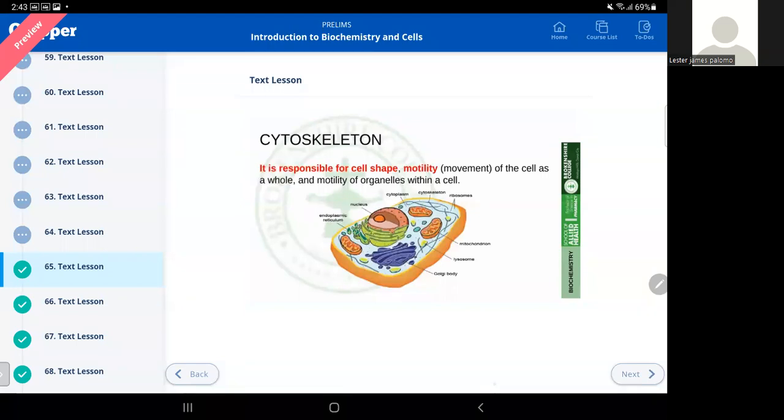The membranous and the non-membranous organelles, and the last 2 medical application of solution, which are the hypotonic and hypertonic. Meron kayong reading assignment lang because I will be asking somebody from the class next meeting on Saturday regarding it. You will not write it or submit it. Just have a reading and maybe somebody will be called for it to answer.